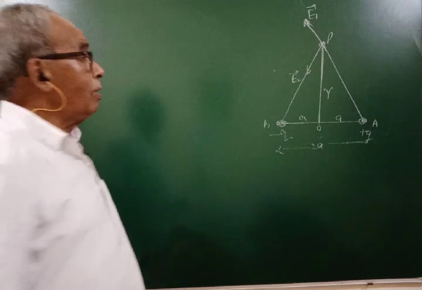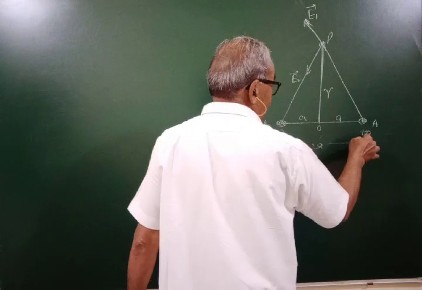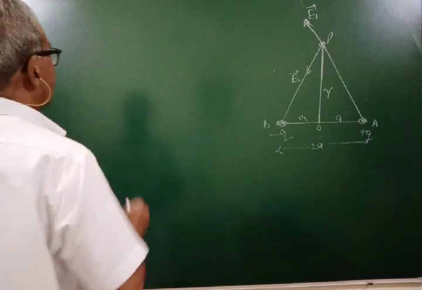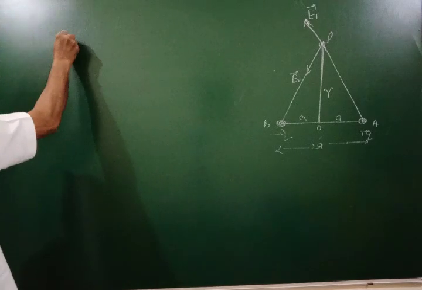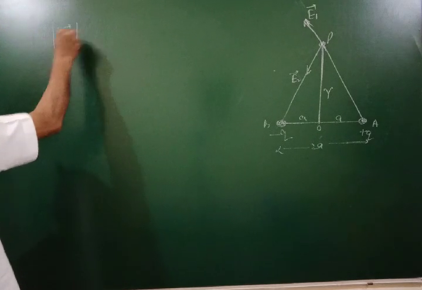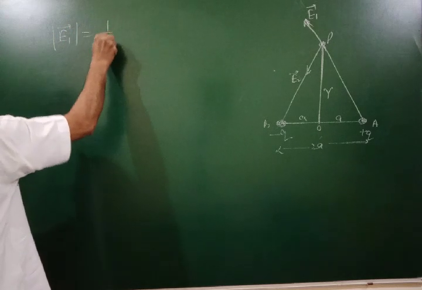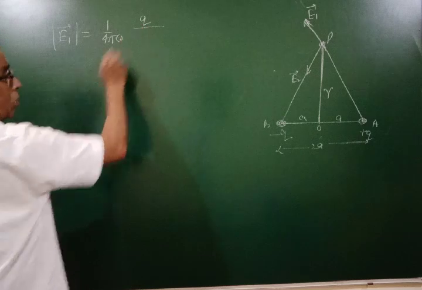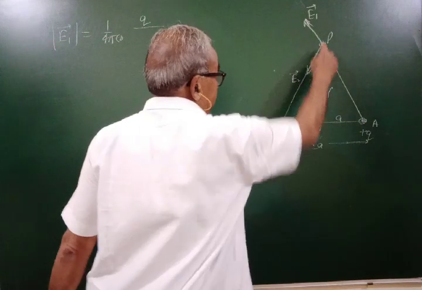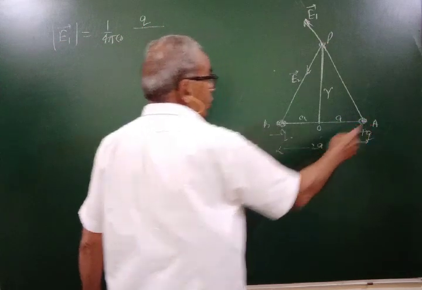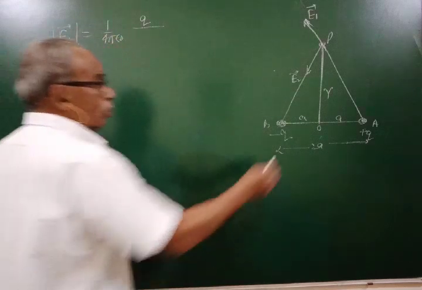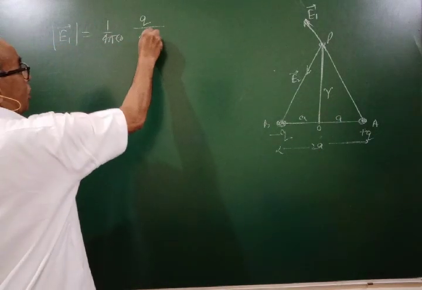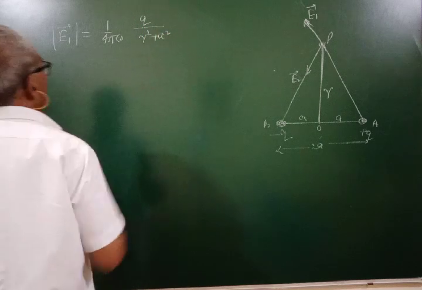These two distances are equal, and the magnitudes of charge plus q and minus q are the same. So the magnitude of E1 equals 1 upon 4 pi epsilon 0 times q upon AP square. AP square equals a square plus r square, so I write r square plus a square.